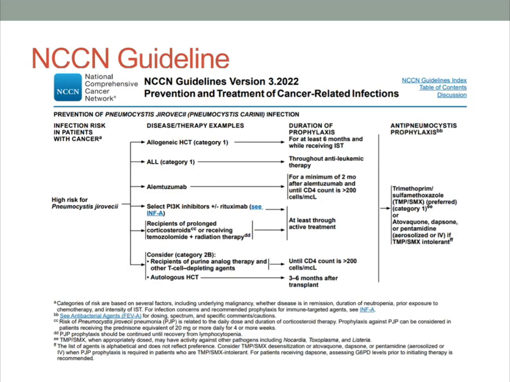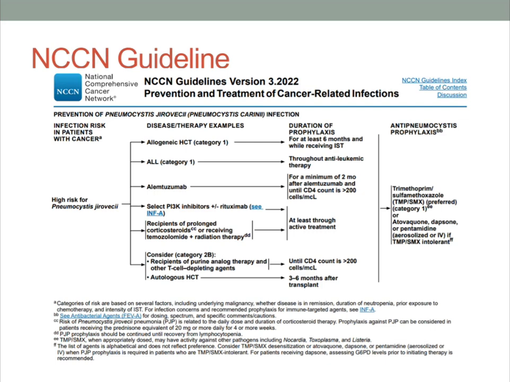This is from the NCCN, very similar to what you've seen before, but talking about high-risk patient populations: allogeneic stem cell transplant, ALL, you see they have very strong category 1 recommendations. Alemtuzumab, if their CD4 count is also low. Rituximab with PI3K inhibitors. High doses of corticosteroid. Temozolomide with radiation.